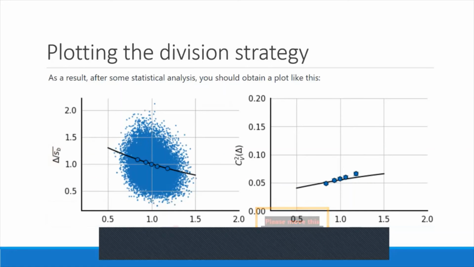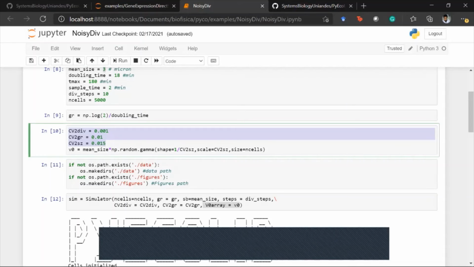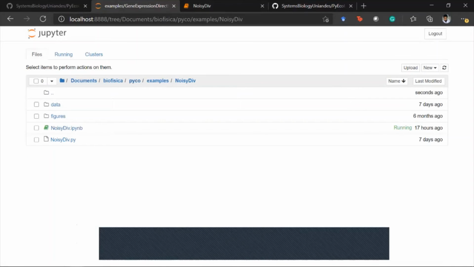The added size as a function of the size at birth is going to look something like this cloud, with a negative slope relationship. And the CV squared is going to be a positive slope as a function of the size at birth.